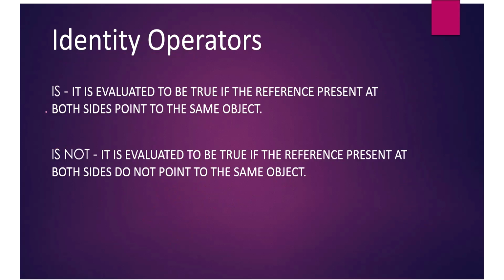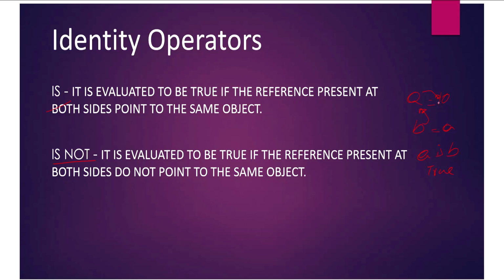Identity operators: is, is not. These are mainly used to check whether both the variables are referring to the same object or not. Suppose we have given a equal to 10, b equal to a, then a is b. It will give true because here a is pointing to value 10 and b is referring to a.